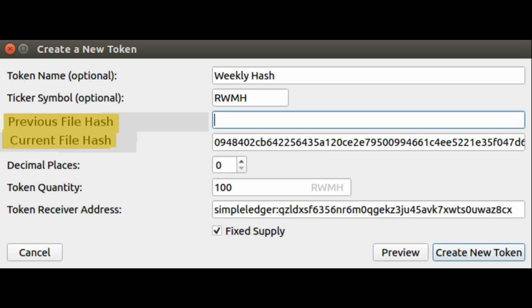For these tokens, the way you would want to create them would be created by Memo in some sort of multi-sig address with each user. They would have a certain quantity of tokens that they would create. In this case, I created 100 tokens. There are no decimal places for these tokens, so I can only spend them one at a time. What this would mean is that if I wanted to use Memo, and let's say Memo used a fee, maybe I paid a fee for 100 weeks' worth of hashes.